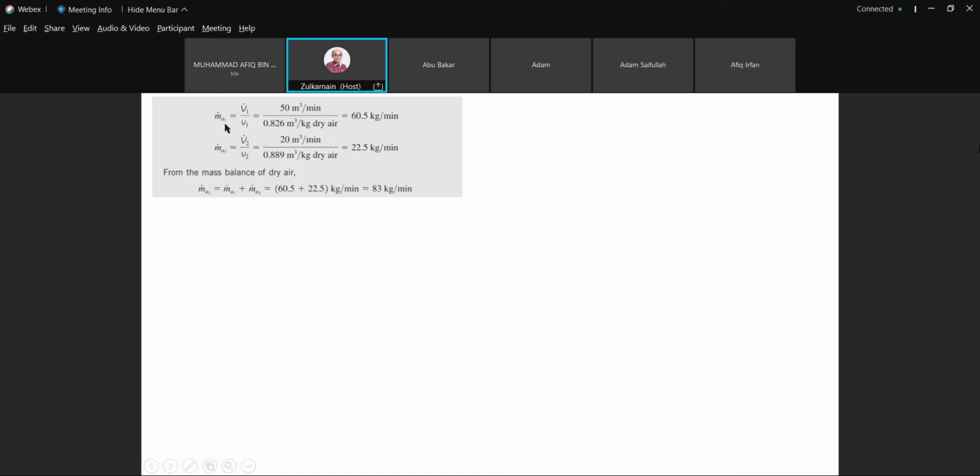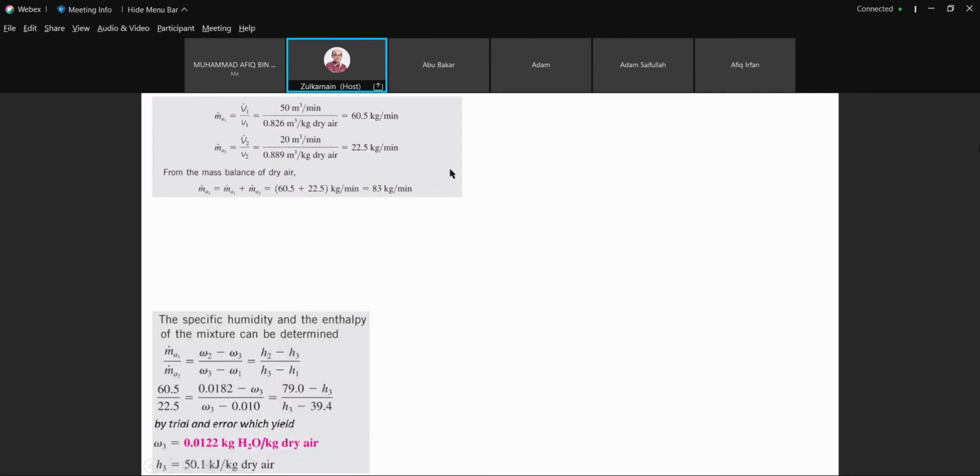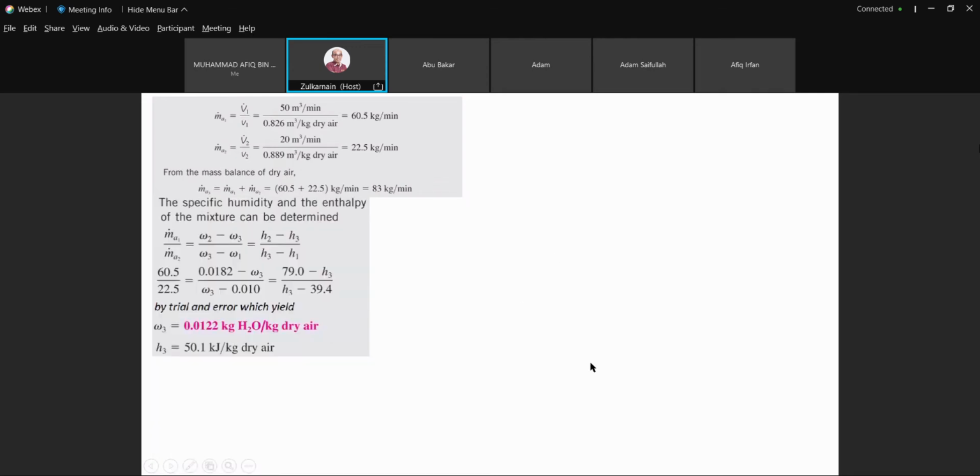So from here, we could write m dot a3, which is the addition of these two masses based on the conservation of mass. Then we could equate this ratio in terms of omega 2 minus omega 3 divided by omega 3 minus omega 1, and put in all the values of enthalpy and omega.